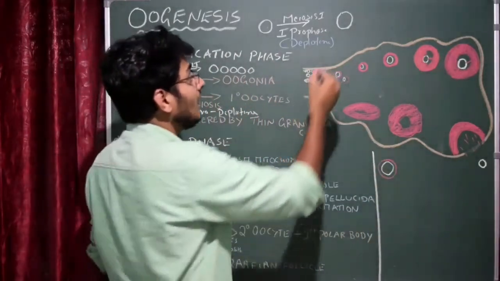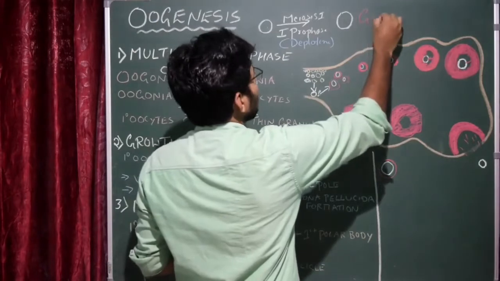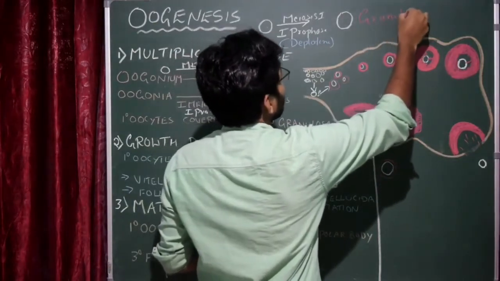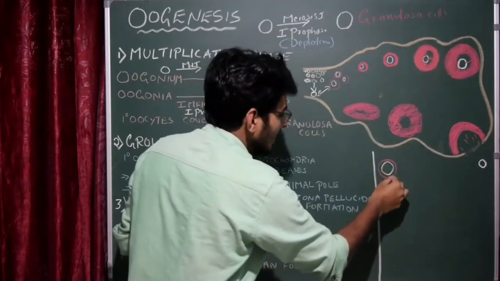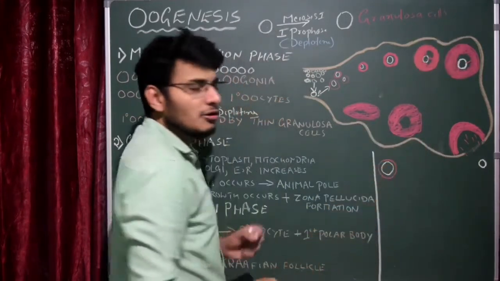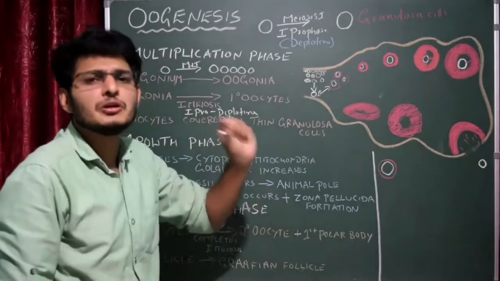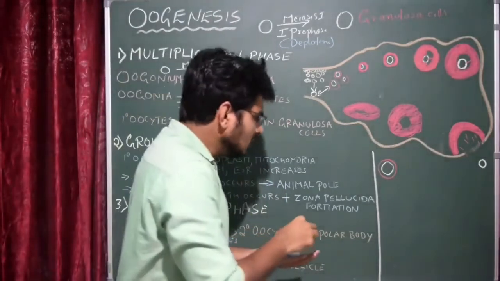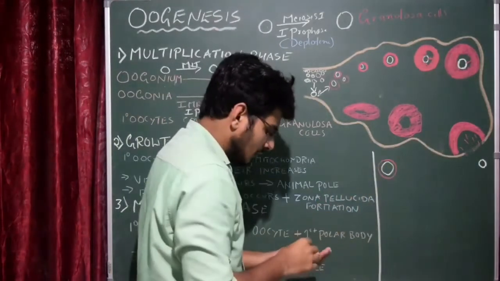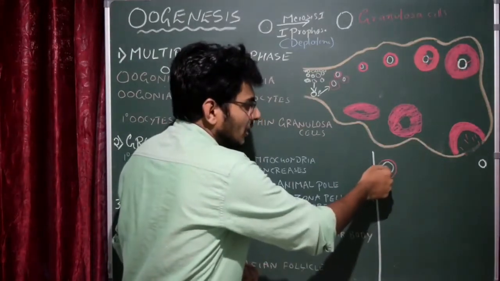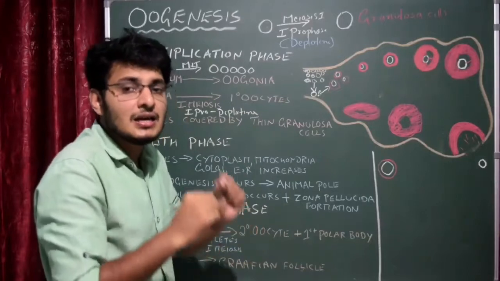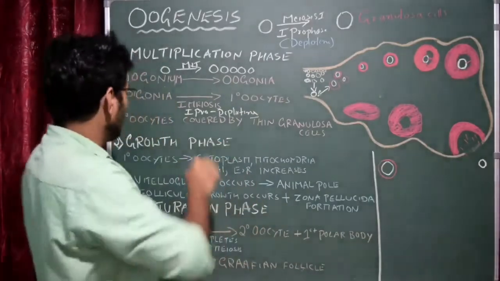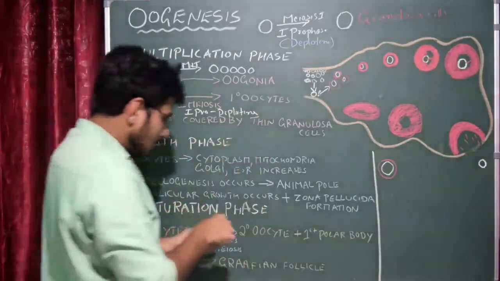The name of the cell is granulosa cells. These granulosa cells start to form a thin layer around each primary oocyte. So each primary oocyte is now surrounded by granulosa cells, and this structure, that is primary oocyte plus the layer of granulosa cells, is called primordial follicle.